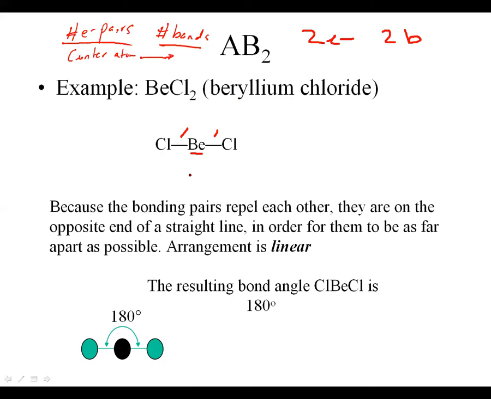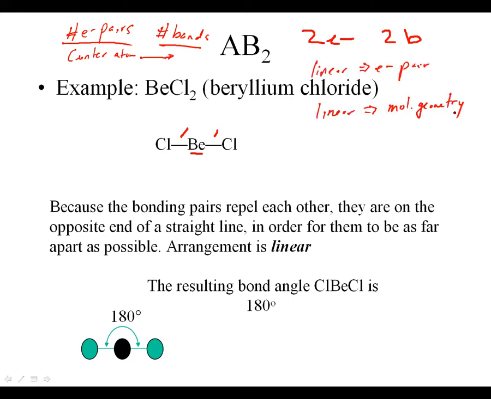So something with 2 electron pairs and 2 bonds, because there's only those 2 guys that are happening, they will basically spread out as far apart as they can, and we will get a geometry of linear for the electron pair. And it will also be linear for the molecular geometry as well. So the name will be the same for both for this.